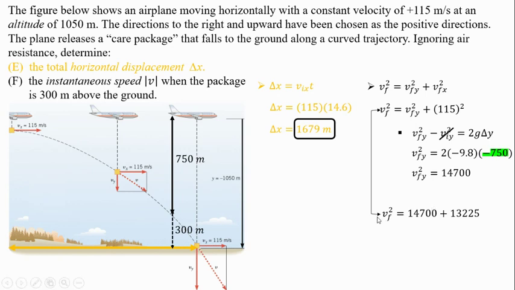So Vf squared is equal to 14,700, which represents Vfy squared, and then 115 squared is just 13,225. If I sum that up, I'll get 27,925. I'm going to square root both sides. Therefore, my speed is going to be about 167.1 meters per second. Because it asks for speed, I don't really care for the direction. All right, other than that, I hope that helps. Stay nerdy, don't be whack.